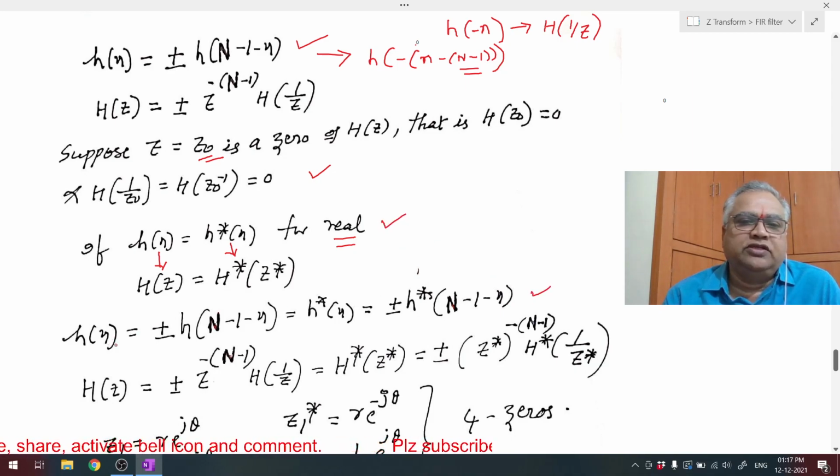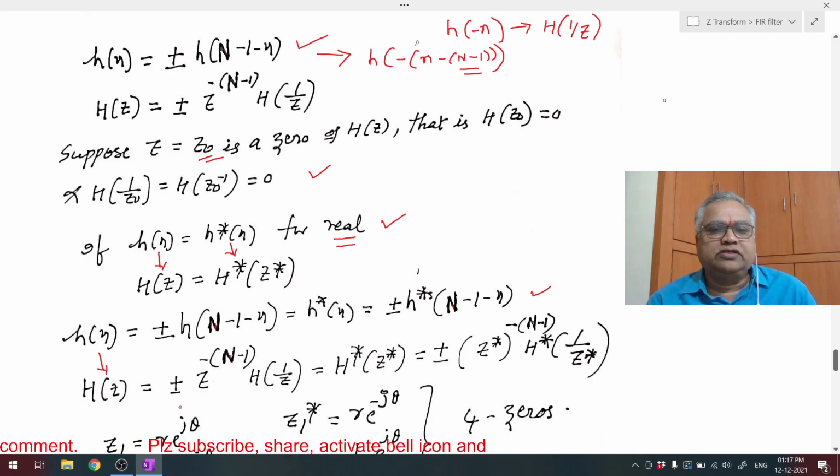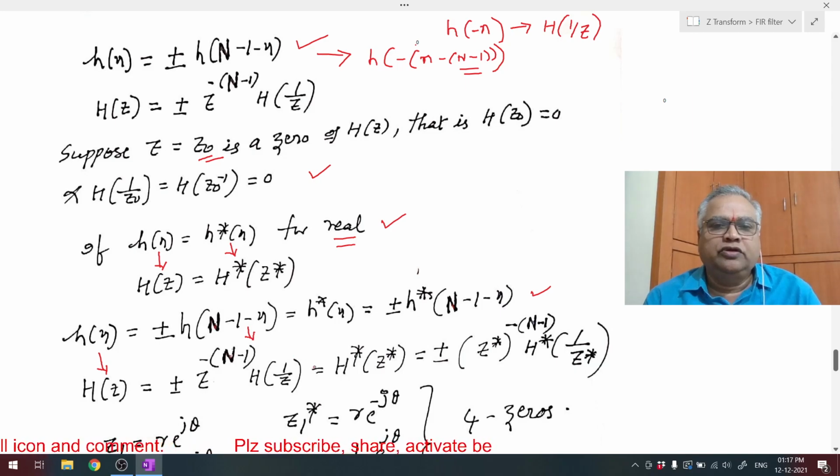Then again apply Z transform to this entire equation. You will get H of Z plus or minus Z power minus n minus 1 H of 1 by Z. This is already done above. Is equal to H star of n Z transform is H star Z star is equal to plus or minus. Here again H star is there.